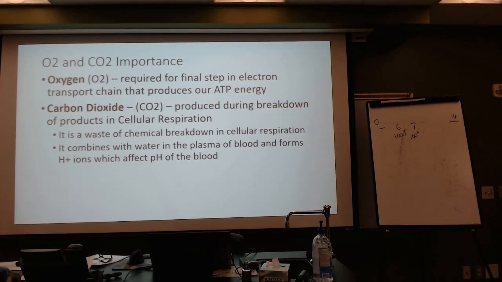When we have that process of cellular respiration occur, the waste product is CO2. Carbon dioxide is a waste in our bodies. It affects pH, which is why the body works hard to get it back to the lungs and we breathe it out. Under normal conditions, we're doing this all the time.